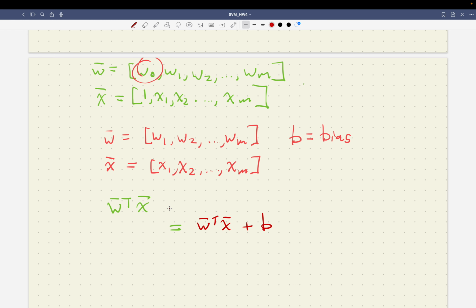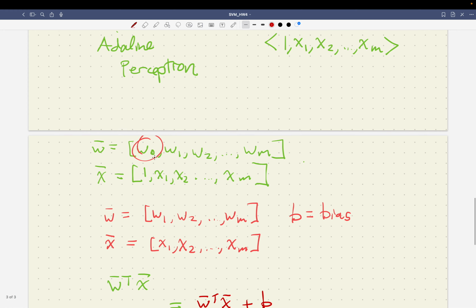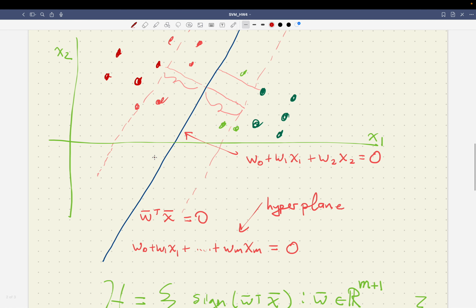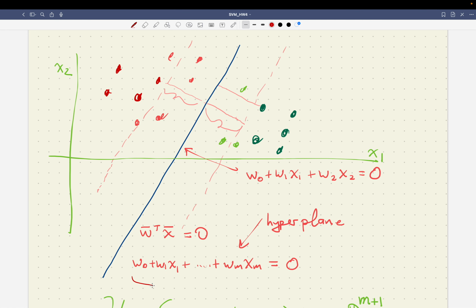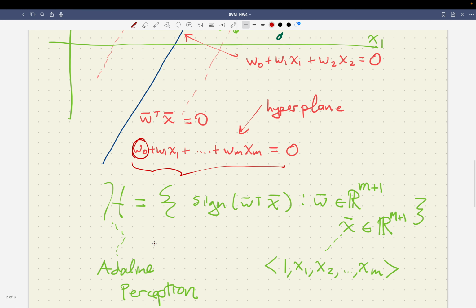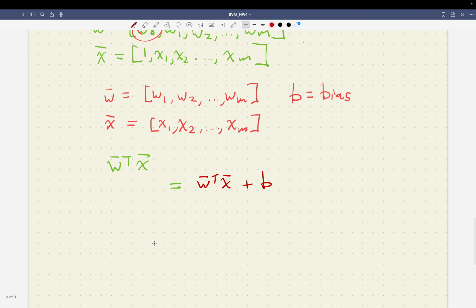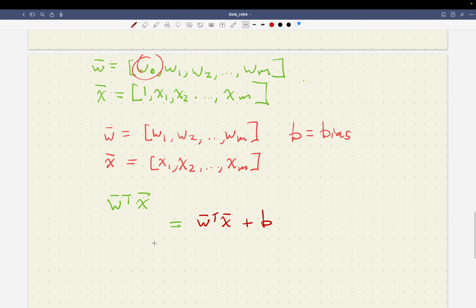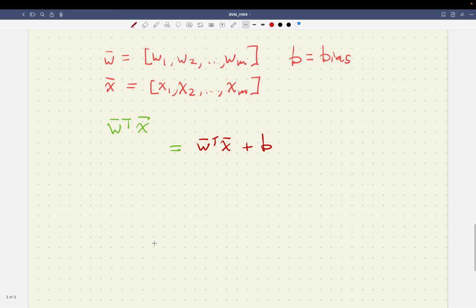Hopefully you can just write this out. So it's W0 plus blah, blah, blah. We actually just did it on the previous page, right here. So the only difference is we're calling that W0 and it's happening automatically, or we're calling that B and we're adding it manually. That's the difference.